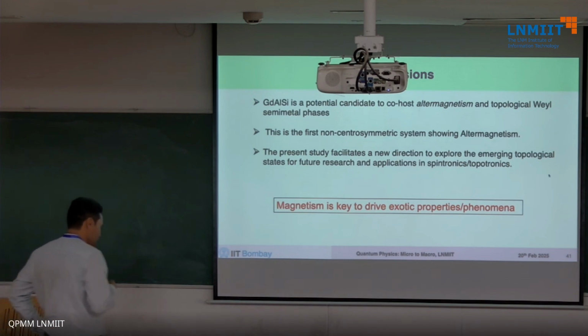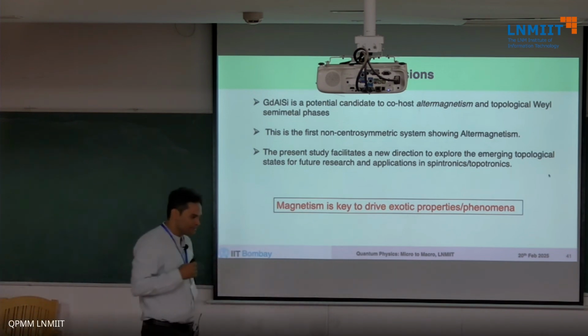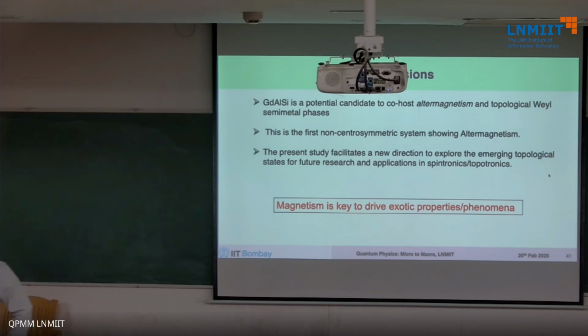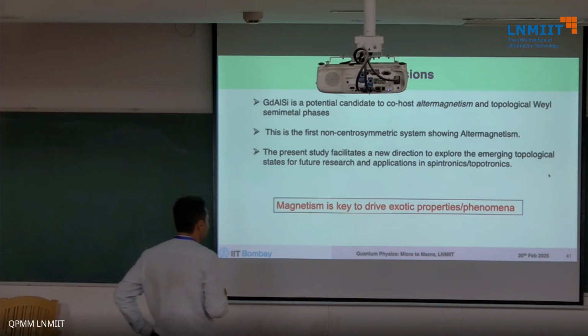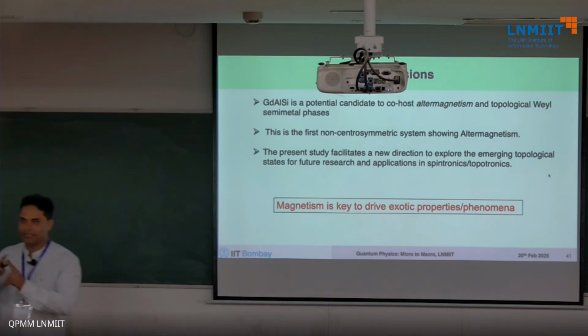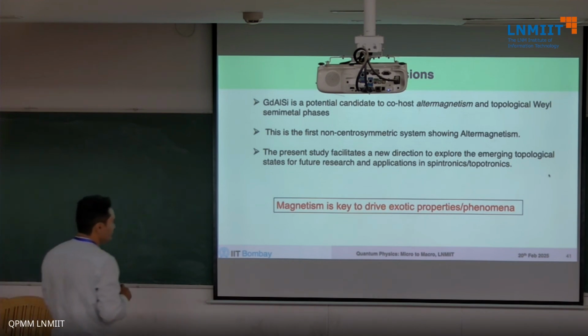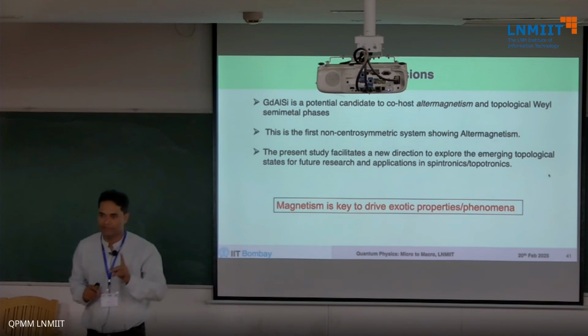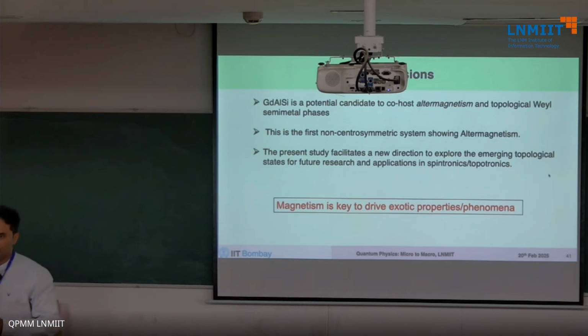If I look at the history of spintronics-based materials, conventionally ferromagnetic materials have been the primary choice for any spintronic-based devices because of the inherent exchange splitting and spontaneous polarization. But the problem with ferromagnetic material is that they are quite sensitive to external stray fields when you actually use them in devices.